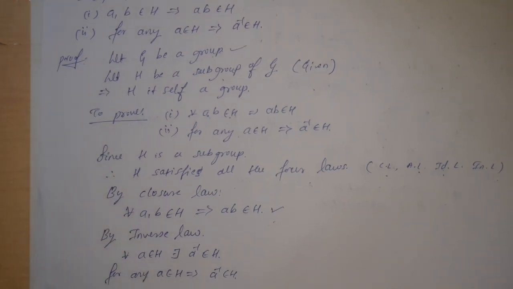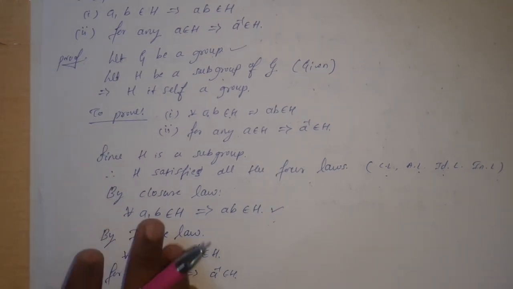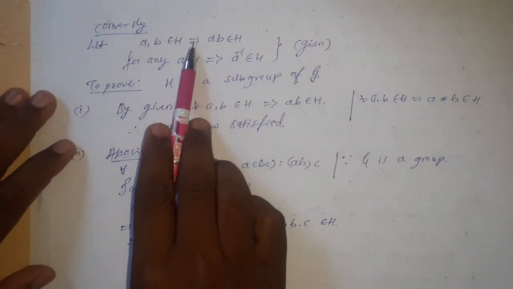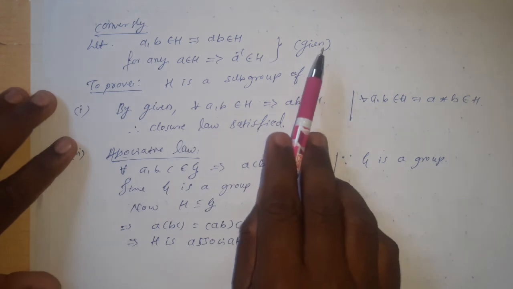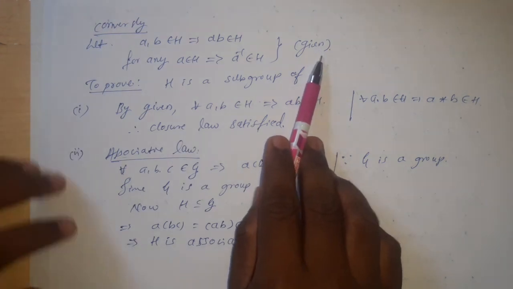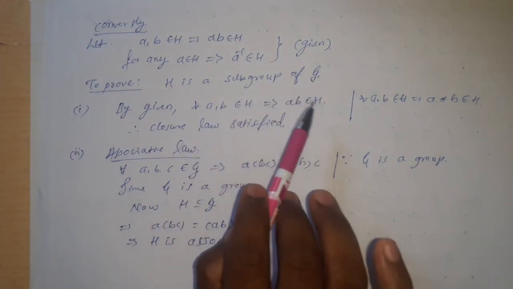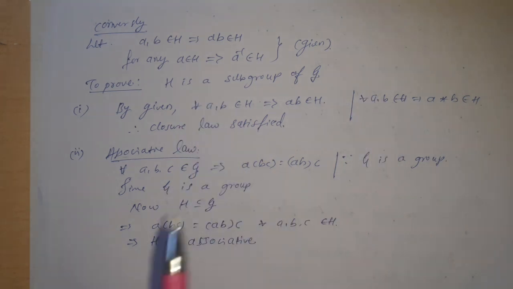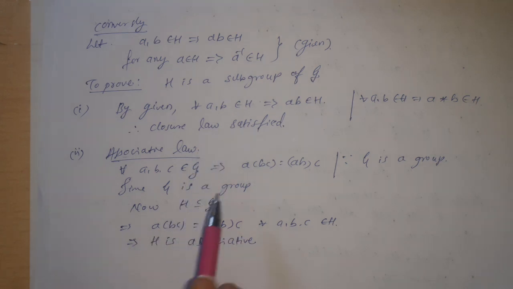So, that is the first part, and in the second part, the converse part, we need to consider these two points as the given data, and we need to prove that H is a subgroup. Whenever we need to prove the subgroup condition, we have to satisfy the four properties for the given subset. They are closure law, associative law, identity law and inverse law.